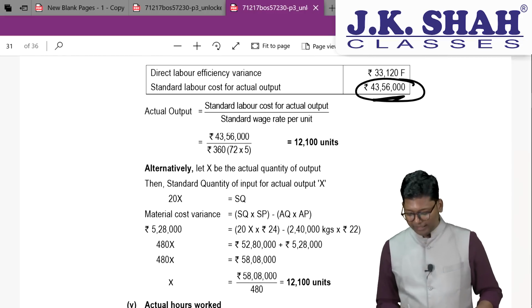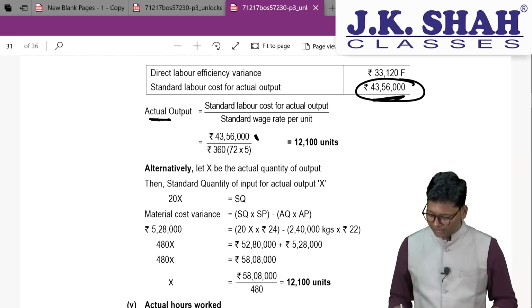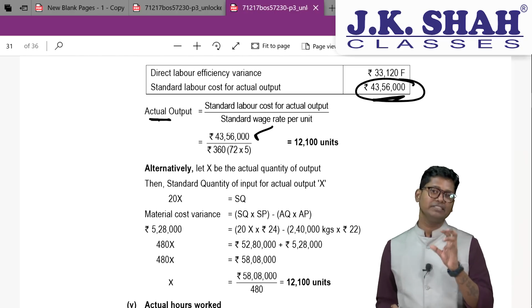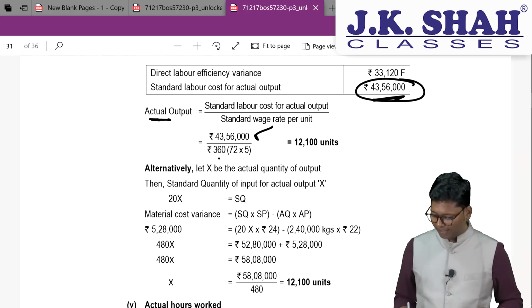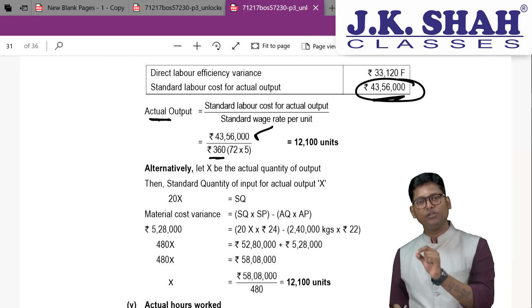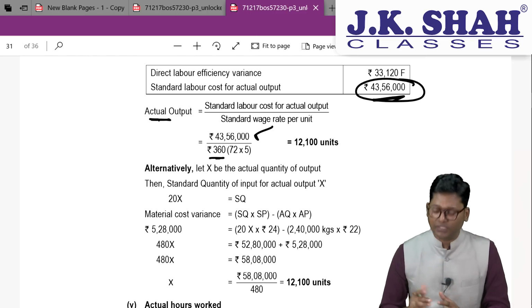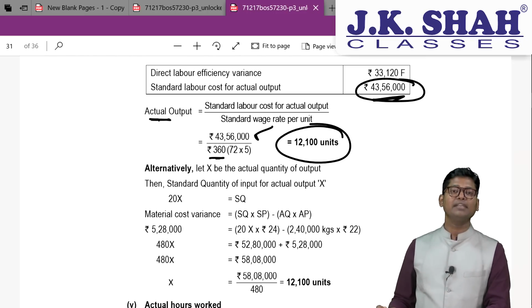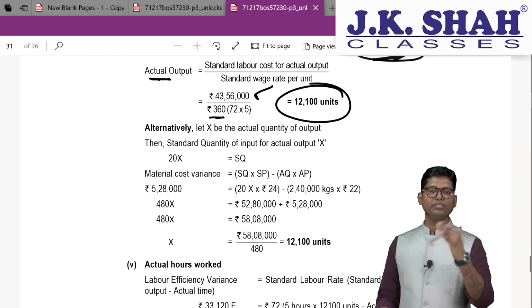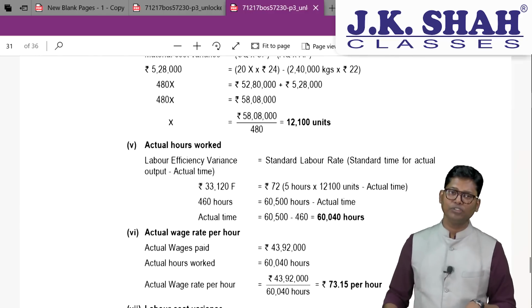Once this is calculated, for calculating actual value or actual output units, they have used this particular thing: 43,56,000 adjusted value is divided by 360. So for 1 unit, 360 rupees you are spending. Then for that standard, how many units are required is computed. Alternatively, the material cost variance formula can also be used for that purpose.